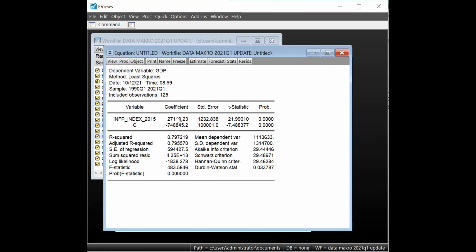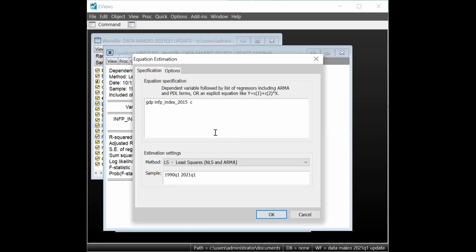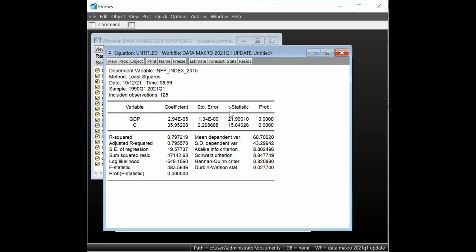If price increases, the income increases, or we estimate this one, the effect of GDP on the price. What is the result? Also significant. That means if income increases, the price also increases. This is very high correlation. This is 1.79 something.